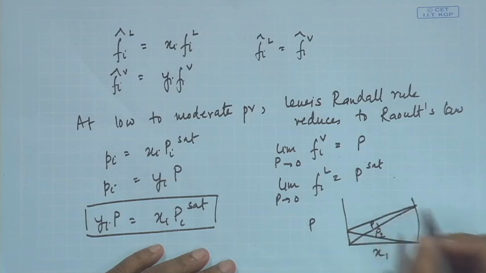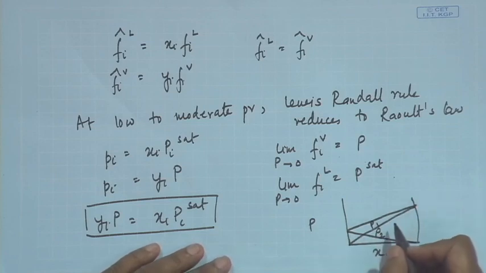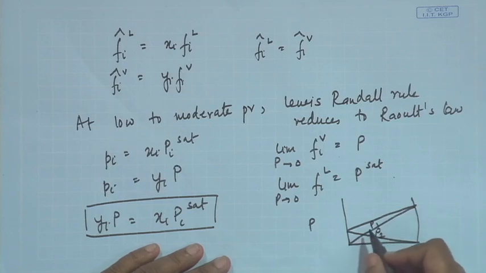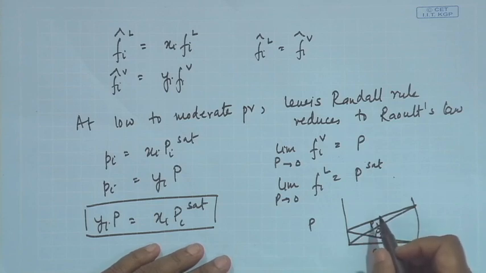We found that all three are linear, because the partial pressure of component 1, the partial pressure of component 2, as well as the total pressure, all vary linearly with the mole fraction of either of the components.